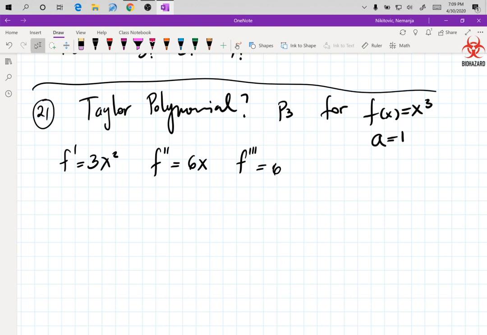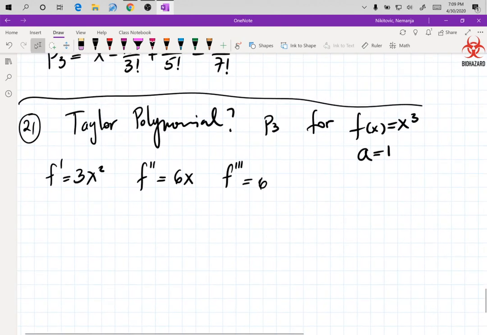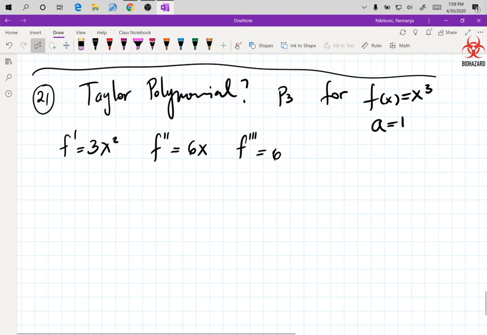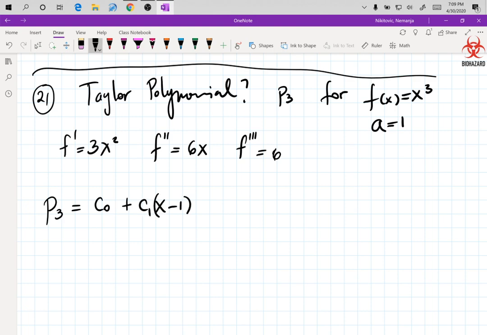Now, we write our power series. It's going to be centered at 1. So we have to put x minus 1 every time. So my P3 will be C0 plus C1 (x minus 1) plus C2 (x minus 1) squared plus C3 (x minus 1) cubed. Now each one of these C's is using the derivative formula.